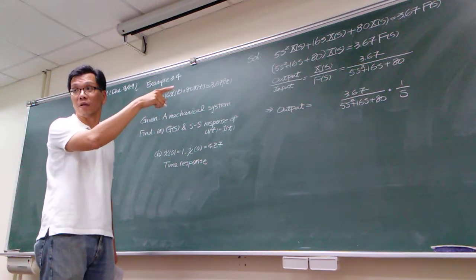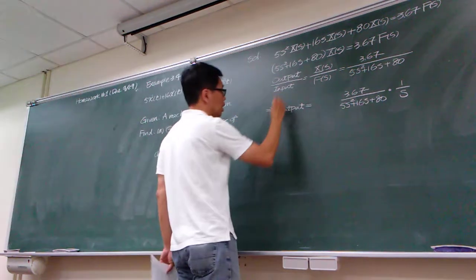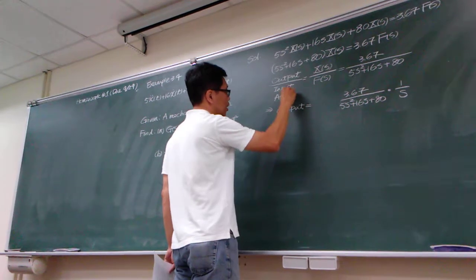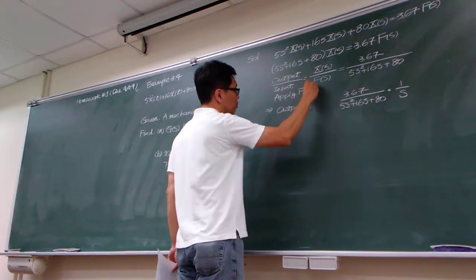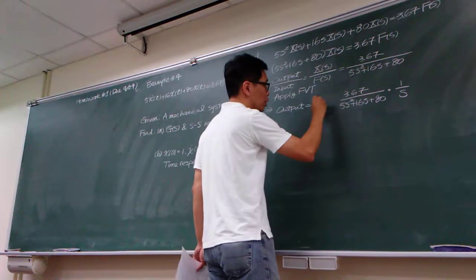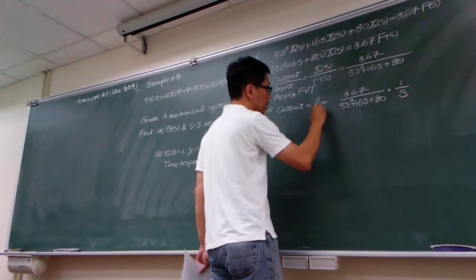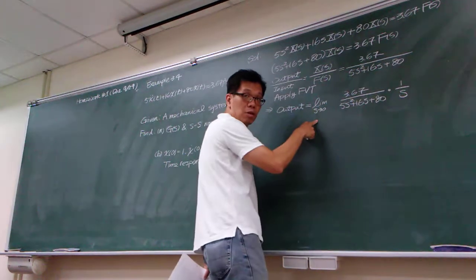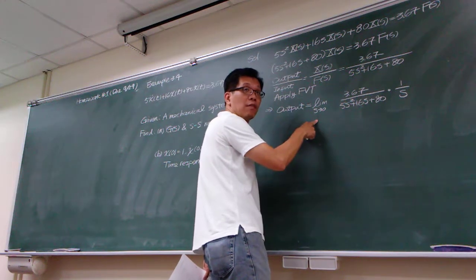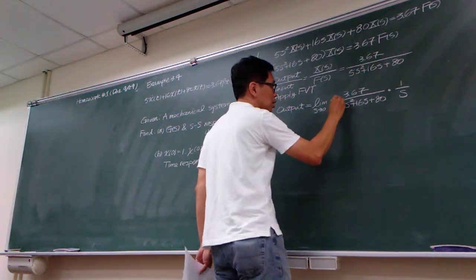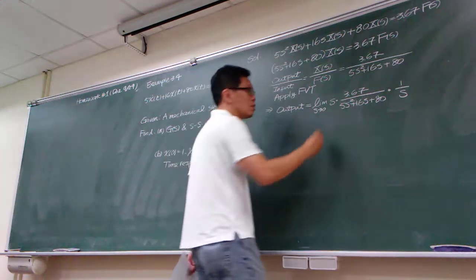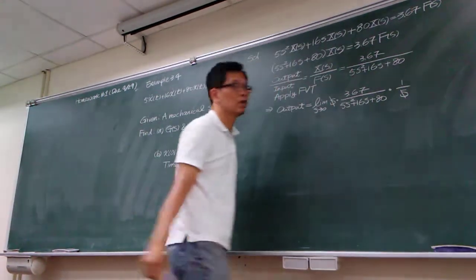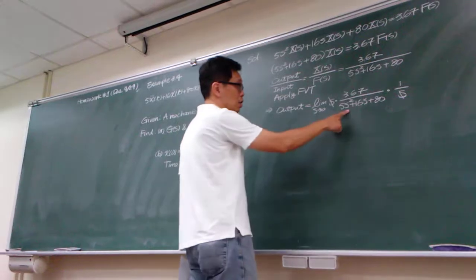Final value, so we can apply the final value theorem. What do I need to do? I need to use limit as s approaches 0. And the other thing I need to have over here is what? s multiplied by everything. So cancel all this. s is 0.